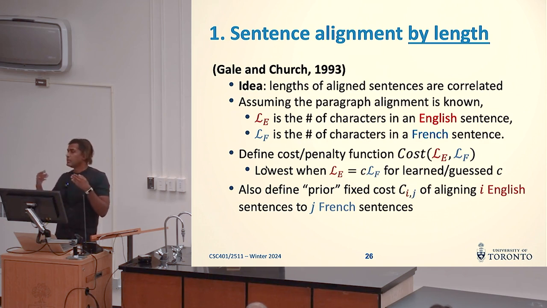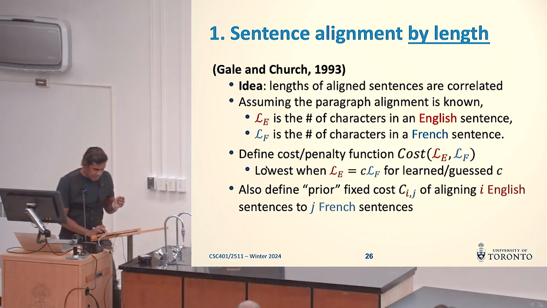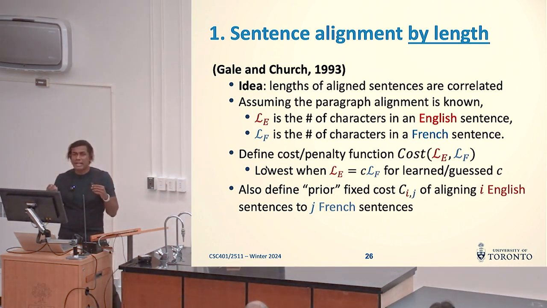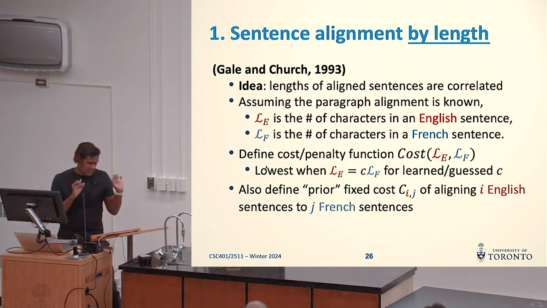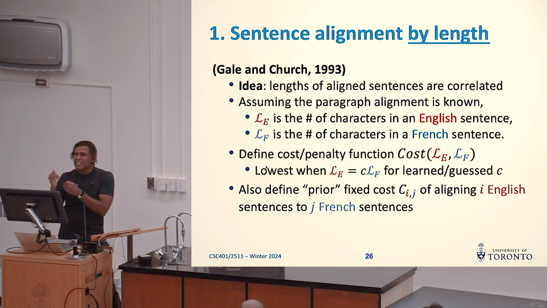The idea is that short sentences align with short sentences, and long sentences align with long sentences. There is a constant among different languages that we know from experience: an English sentence of size X is usually a French sentence of size Y. So we have a constant C between the languages.